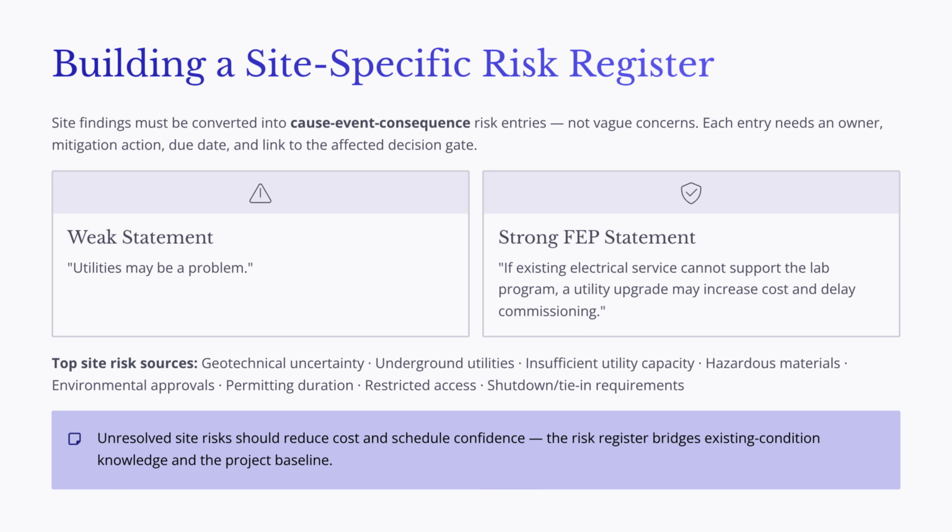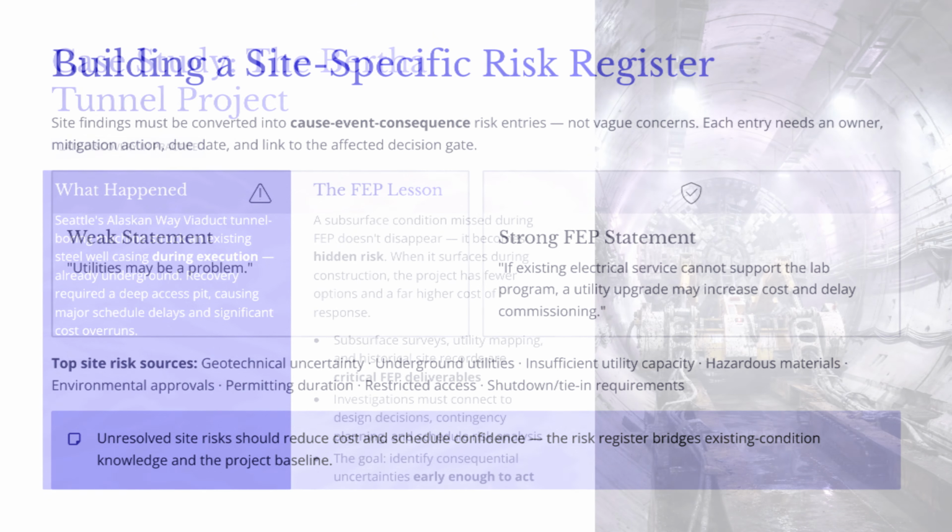The risk register becomes a bridge between existing condition knowledge and the project baseline. If major site risks remain unresolved, the project should not present the same level of cost and schedule confidence as a project where those risks have already been investigated and mitigation actions are underway.